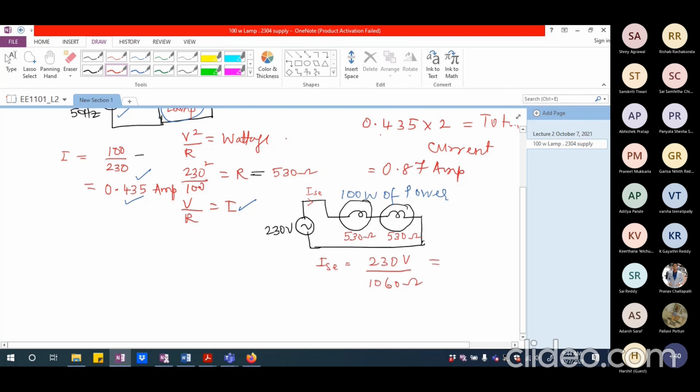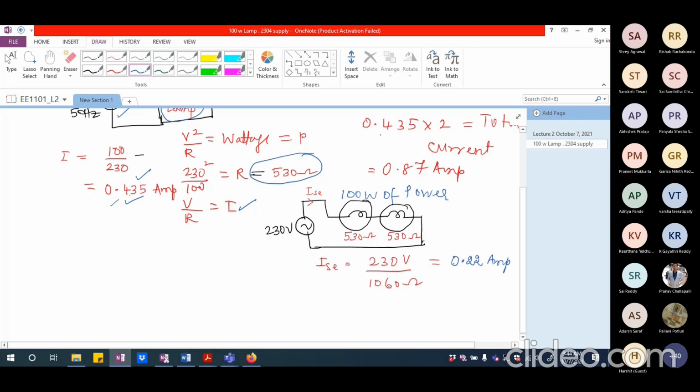That's why I had indicated this 530 ohm here also for the resistance. So now this is going to be half the original current. If this was 0.435 amperes earlier, now the current is going to be half of that, which is about 0.22 approximately.